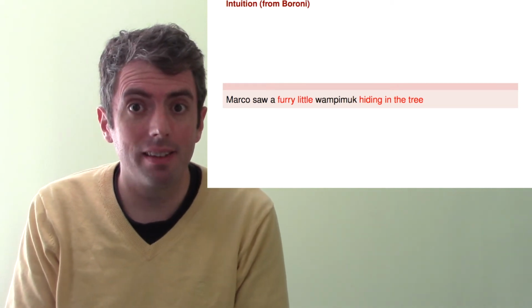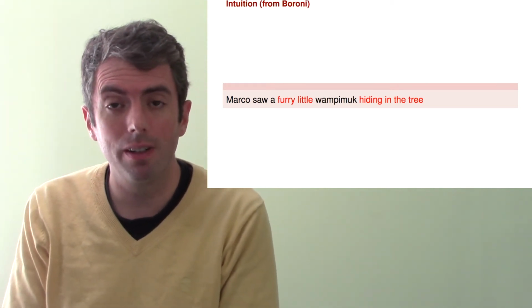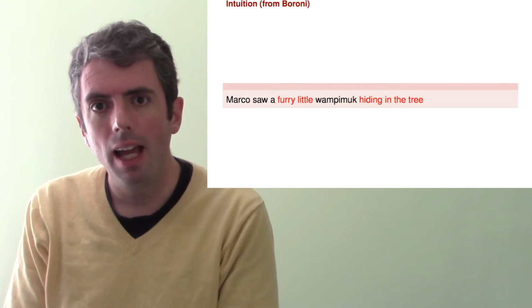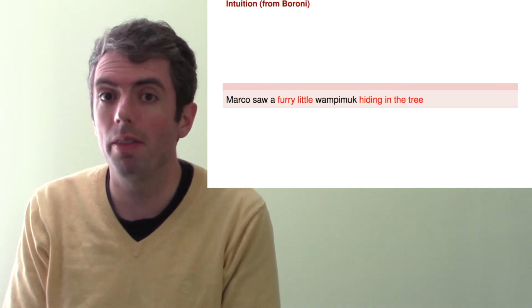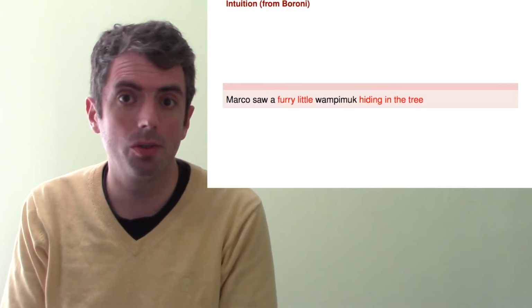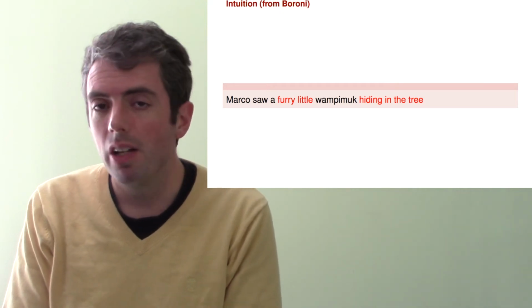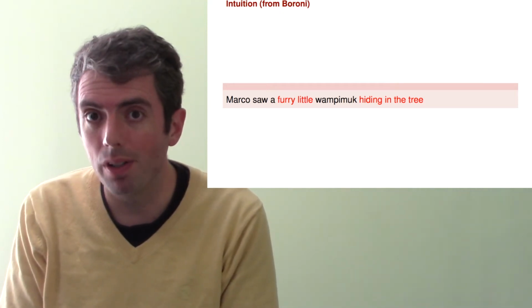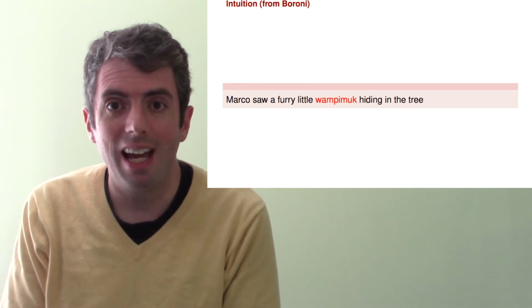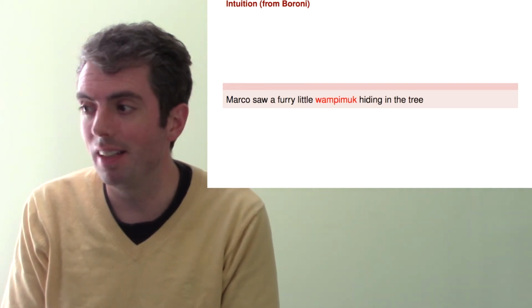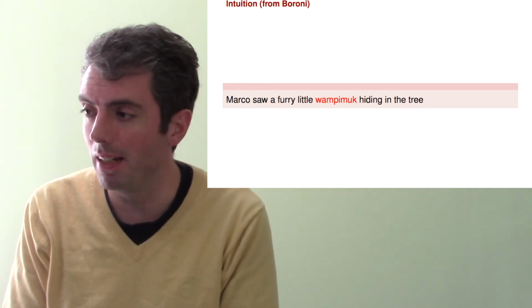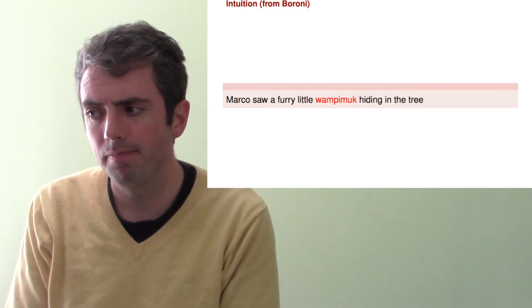That's because there are words around it, like furry little and in a tree. And now you're probably thinking of things like a squirrel that lives in a tree. You may even be thinking about a chipmunk, which has the same -unk ending as this made-up word, wampum.